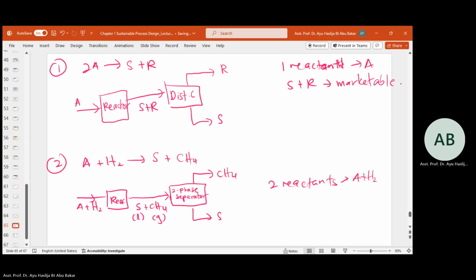And for route 2, S and methane are also marketable. Then this one uses a two-phase separator, and this one uses a simple distillation column. So it depends how you justify which process is more feasible. There's no right or wrong over here. It's all based on your justification.